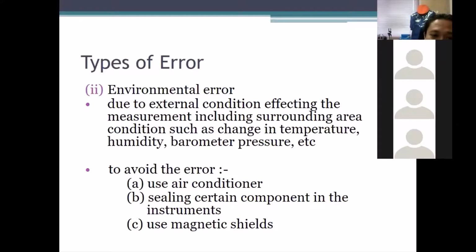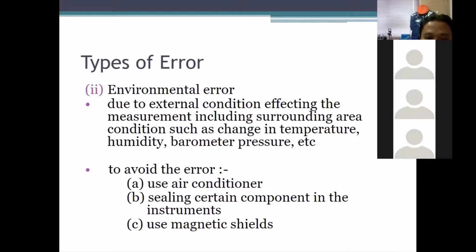This one can be avoided. Use the air conditioner, or maybe use vacuum rooms. For example, if we do some measurement and we have a fan, the fan will affect the reading, so we have to use the aircon to reduce the wind on your measurement.